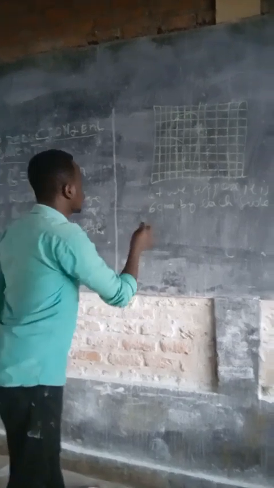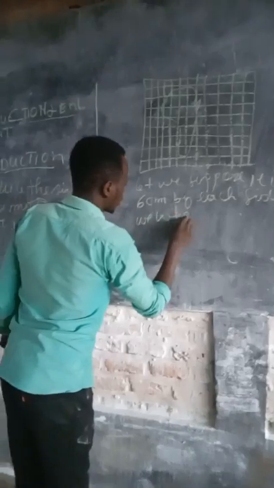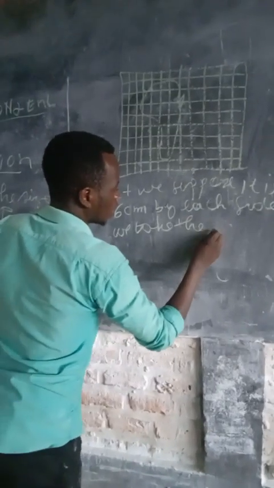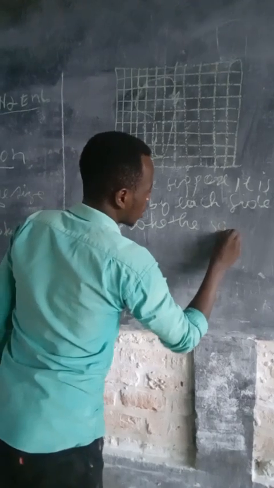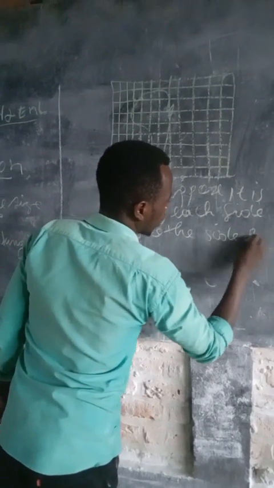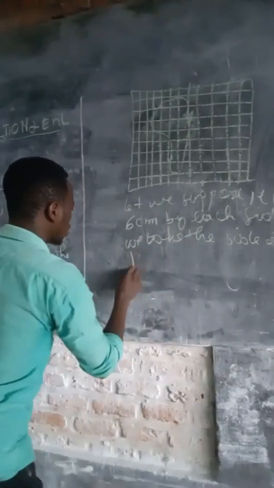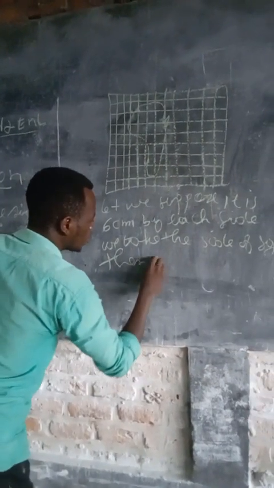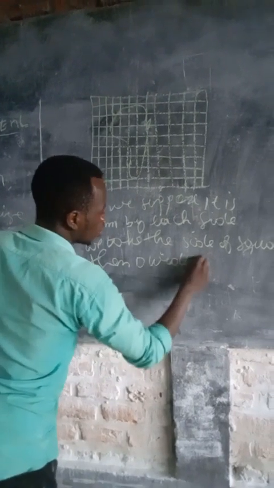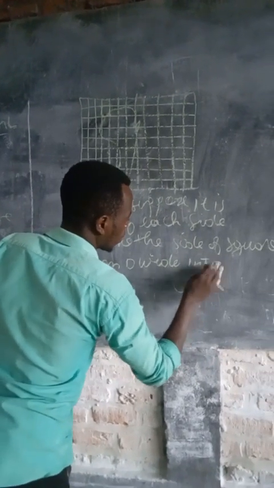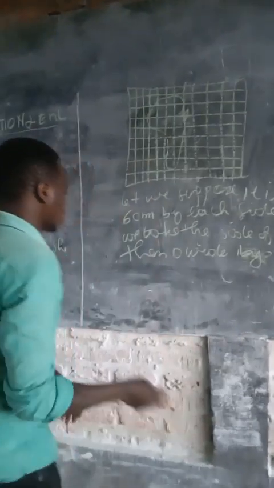Then we take the side of the square, then divide it by 3.